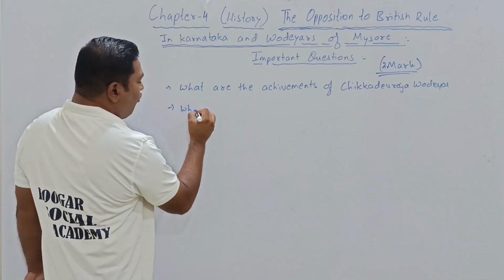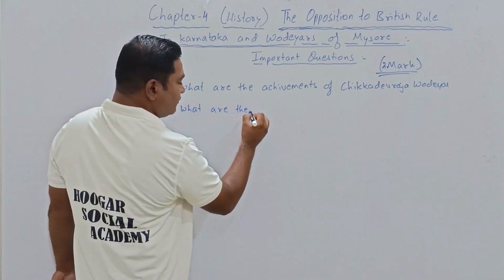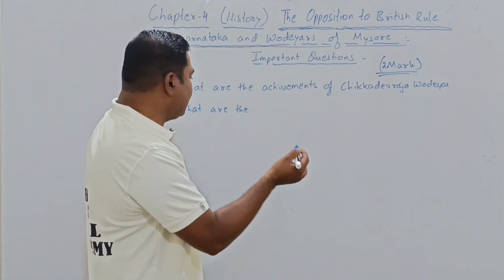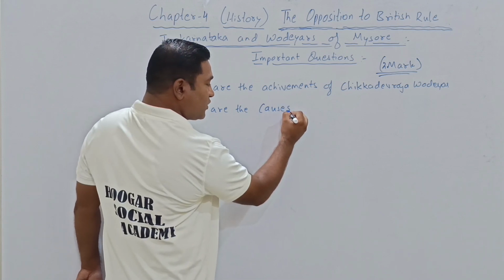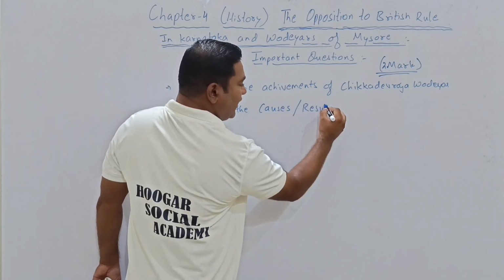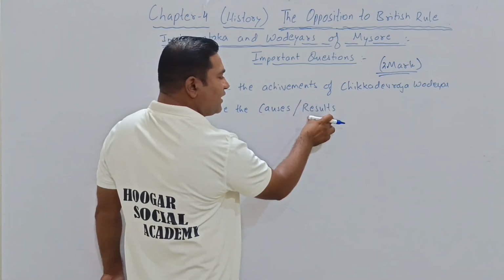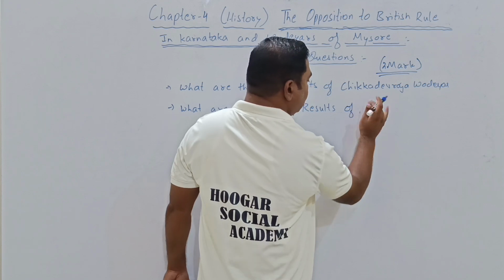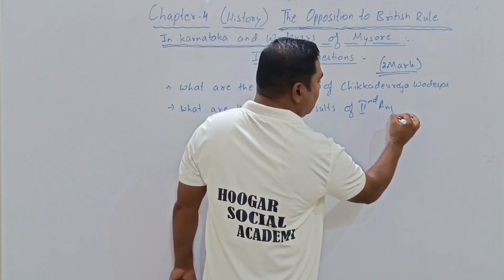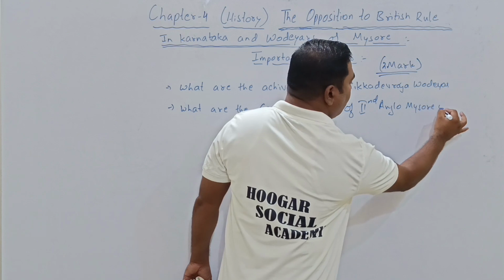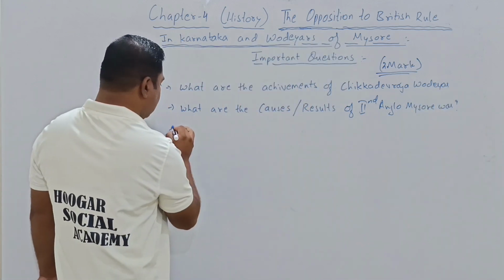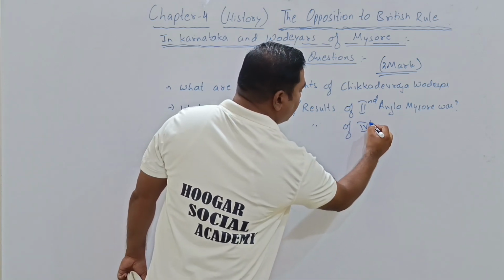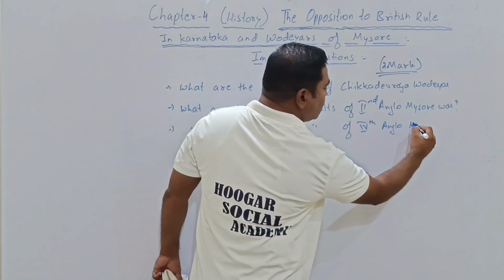Then the question comes: we know very well that the Mysore wars were fought. So you may be asked in the form of what are the causes or results, either causes or results, of the second Anglo-Mysore war, or the same with the causes or results of the fourth Anglo-Mysore war.